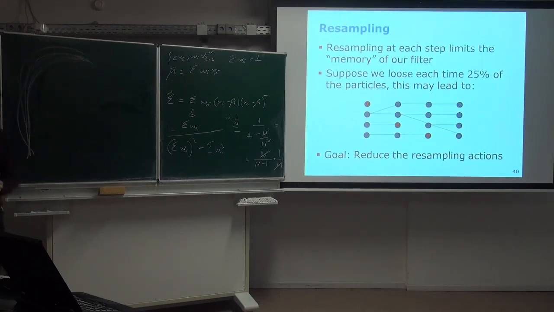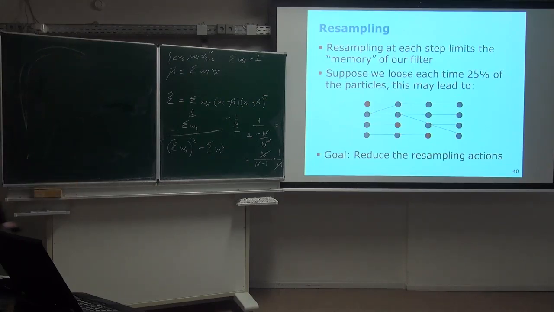But whenever we do resampling, some of this trajectory will be kept multiple times, and some of them will be eliminated. So we will get something that maybe removes this trajectory here, and then maybe also removes this other one here, and you will end up with a few fewer trajectories.